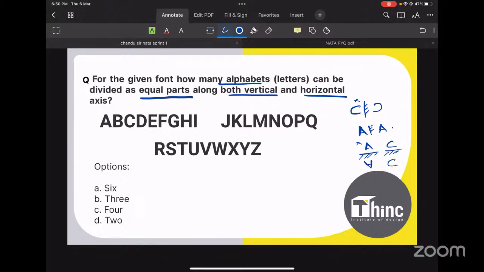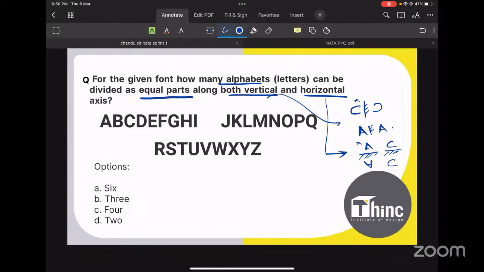So this is added knowledge. Horizontally symmetric letters in a mirror at the bottom reflect exactly the same. Vertically symmetric letters in a mirror on the right side reflect exactly the same.